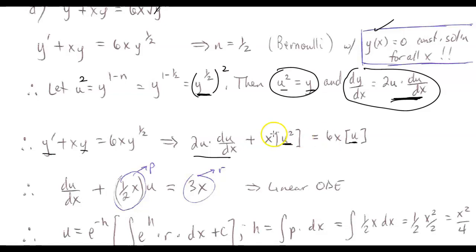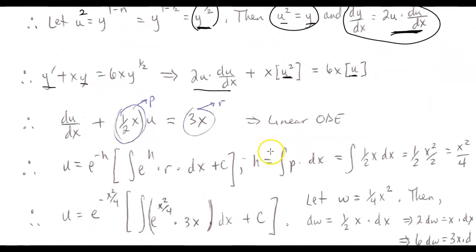So from there, we divide both sides of our equation by 2u so that we can get du over dx by itself. If we do that, we end up with du over dx plus 1/2 x times u equals 3x. And so we see that in this form, it is first order linear.